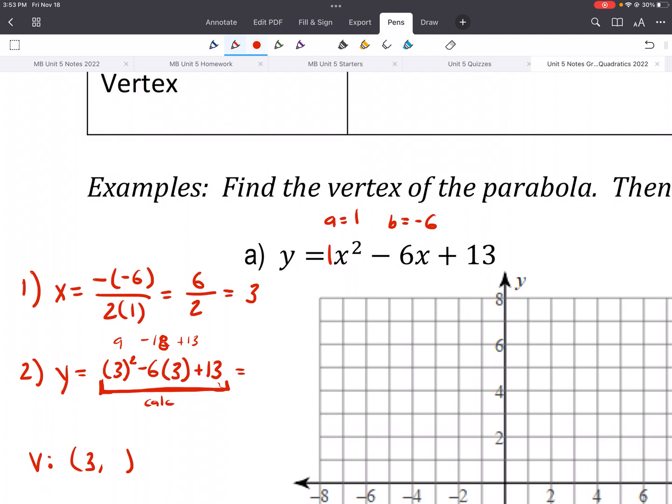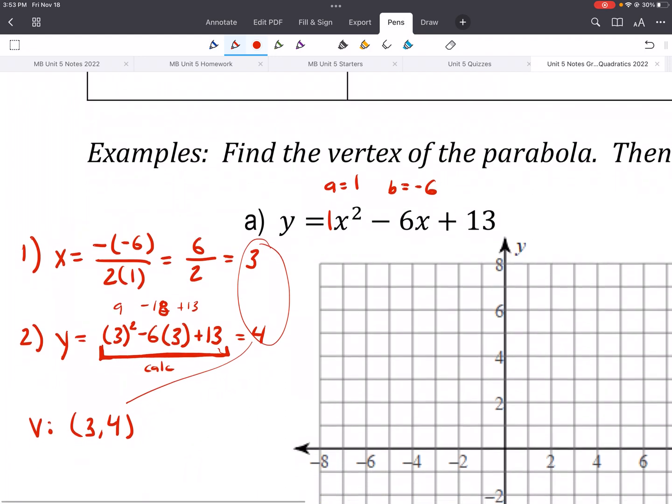So I fixed that. I'm going to put in the parentheses exactly. I'd put in the exponent, the 2, I'd subtract 6 times the 3 using parentheses again, and then plus 13. And I get 4. So that gives us our vertex: 3 and 4. So (3, 4) is right here.